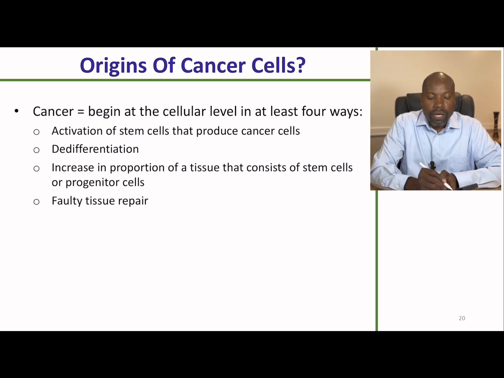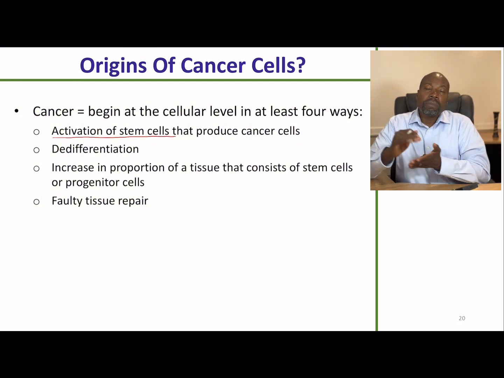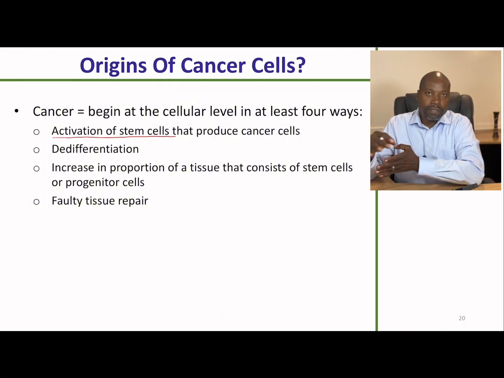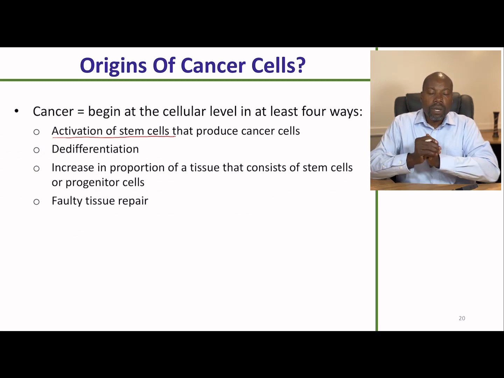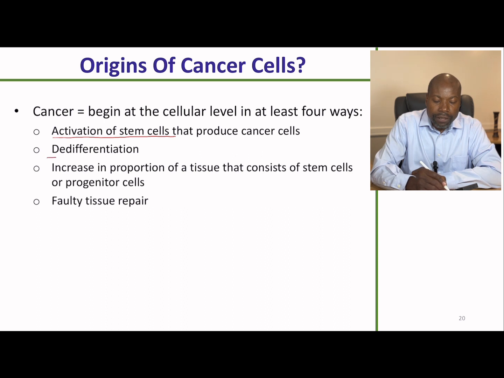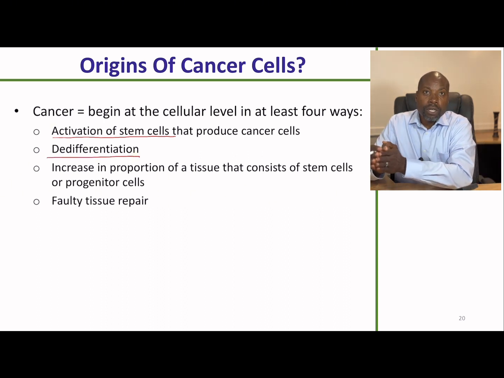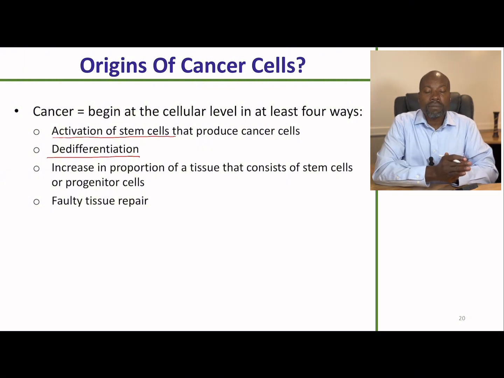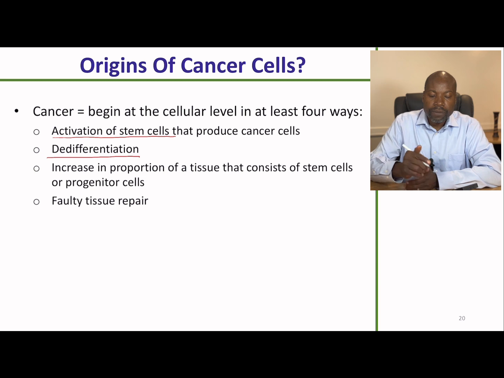So we're going to have activation of stem cells that can multiply so often that they crowd the area. We can have a dedifferentiation, so we are going from a specialized cell to a non-specialized cell that is going to undergo uncontrolled cell division, right?